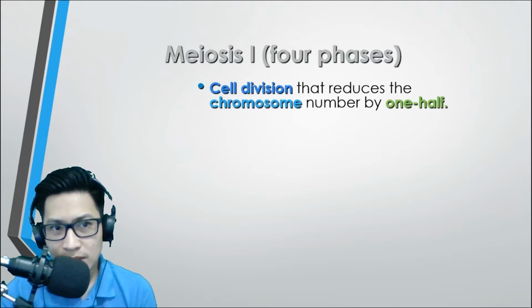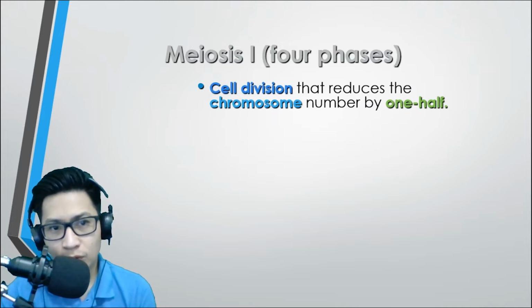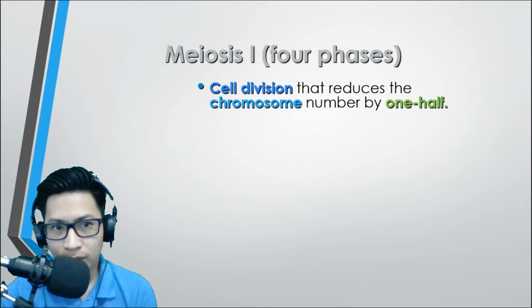Meiosis reduces the chromosome number by one half. If, for example, the parent cell contains 46 chromosomes, meiosis will reduce that number by one half, meaning to say the daughter cell will contain 23 chromosomes in terms of human cells.